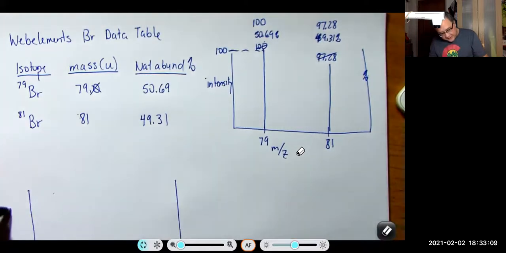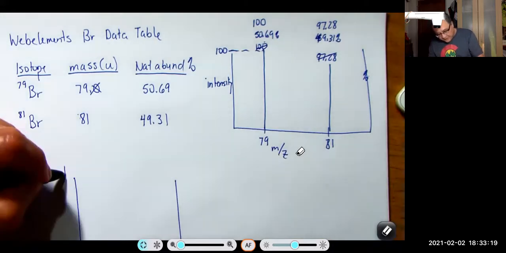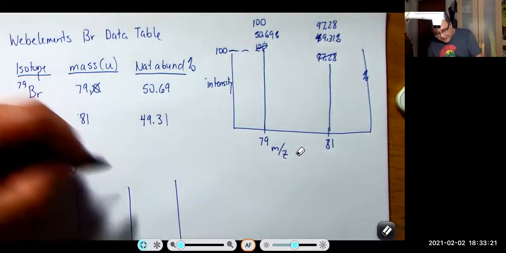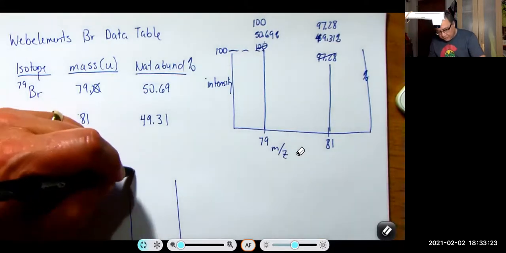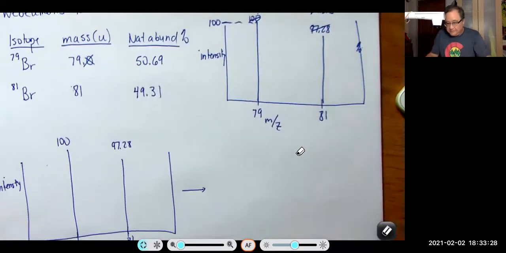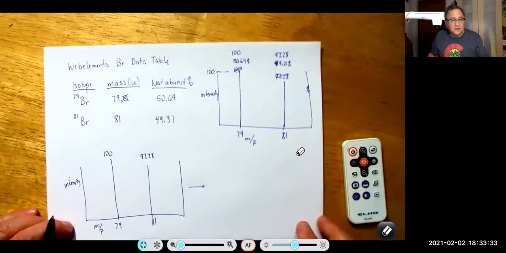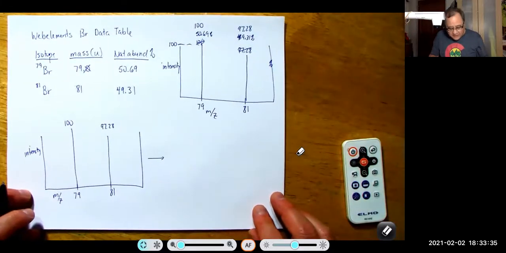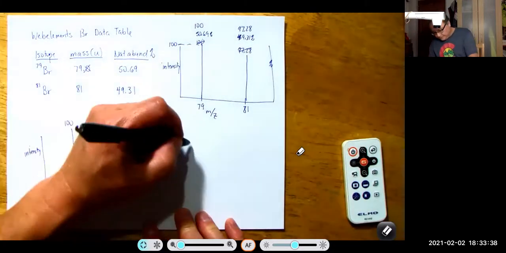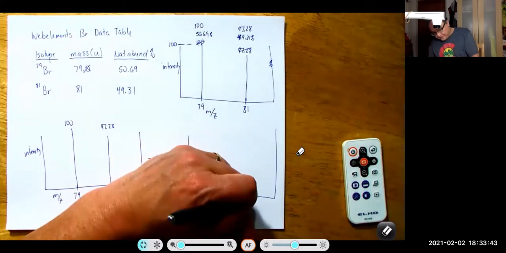This is intensity. This is mass to charge. We've got a 79 and an 81. The 79 is 100, and the 81 is 97.28. We want to show how this can become, sorry about that, I'm zoomed in for some reason or other, we want to show how this can become the following.